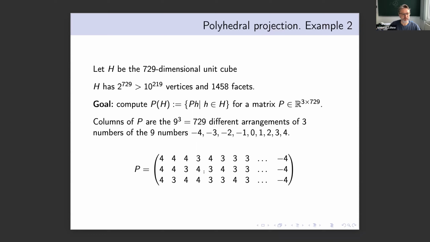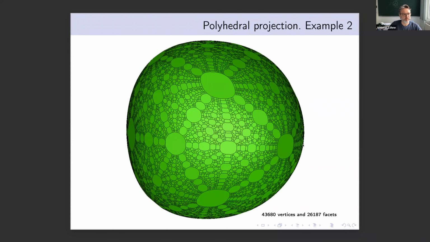So we have this matrix with 3 rows and 729 columns. After applying this, we obtain this polyhedron, and this has 26,187 facets, so much more than the facets of the original hypercube.